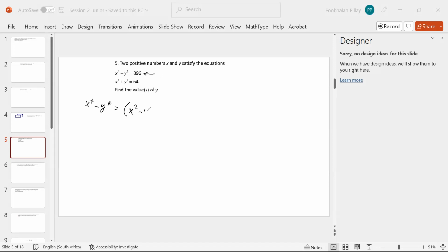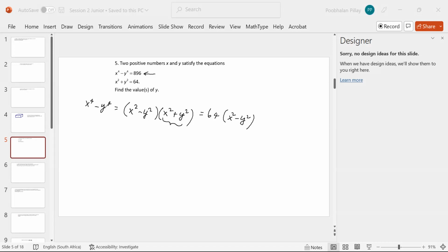It's x squared minus y squared into x squared plus y squared. And this is what we did earlier on. Okay? But then, if you look at this again, you see that you've got x squared plus y squared, and we have that here. x squared plus y squared is 64. So I can replace this quantity by 64, and you'll get 64 times x squared minus y squared.